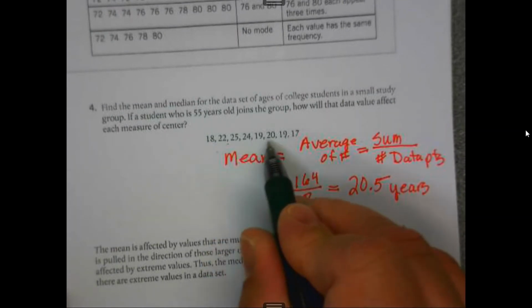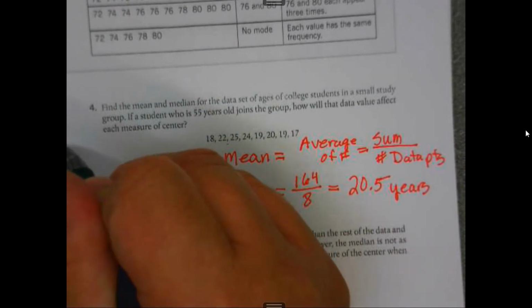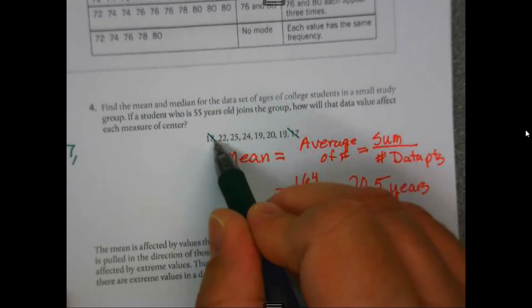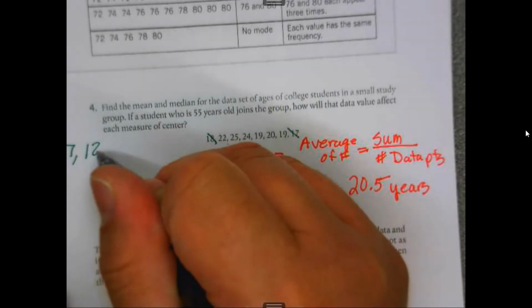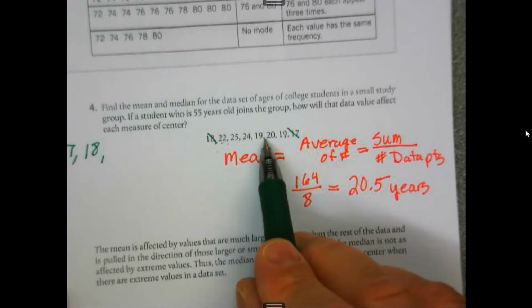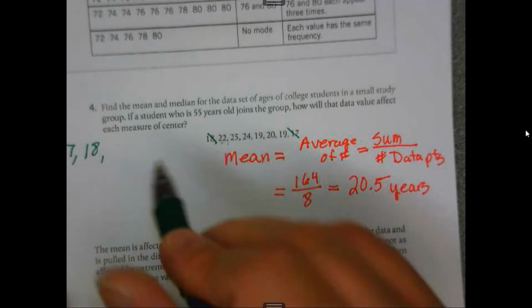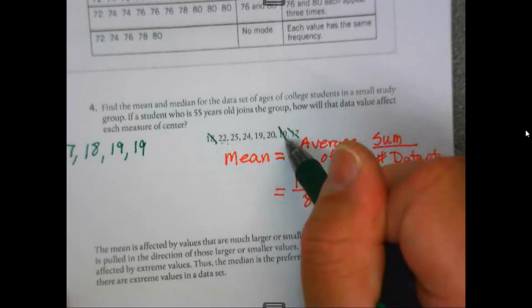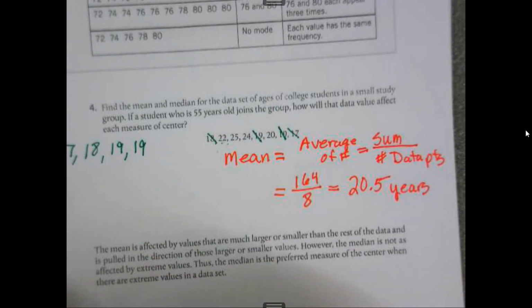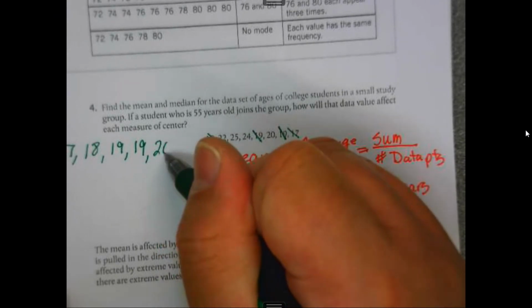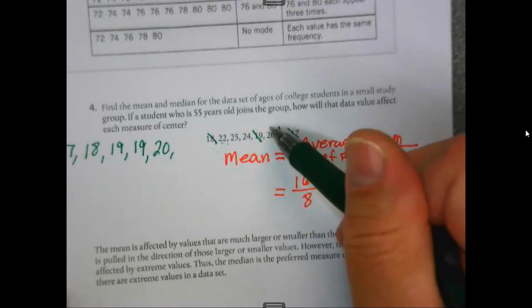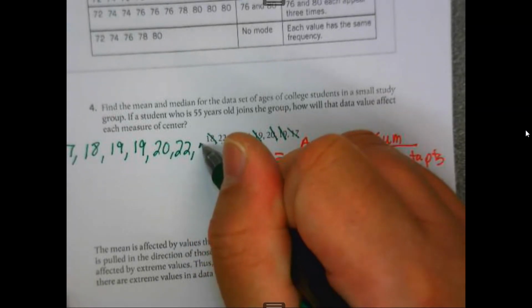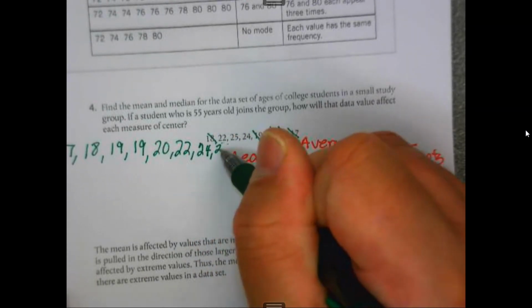So my smallest one, let's see, I got 17, 18, 2 19s, I have a 20, 22, a 24, and a 25.